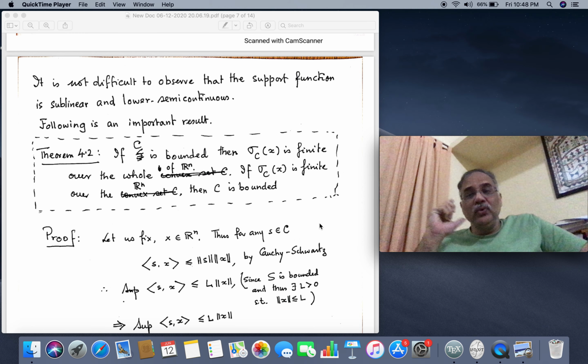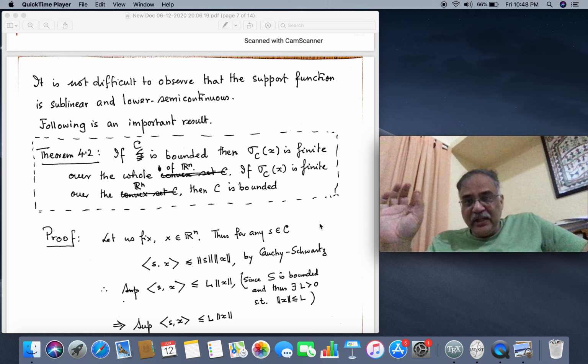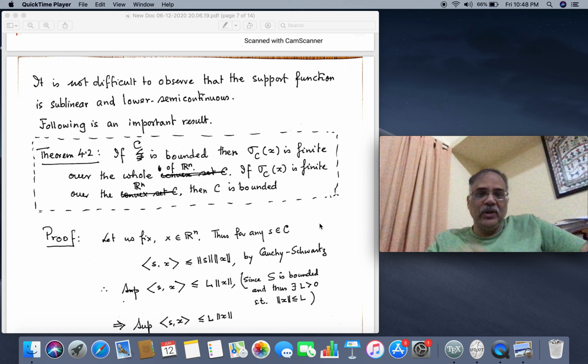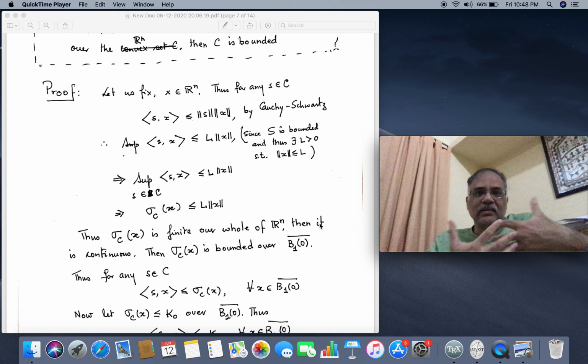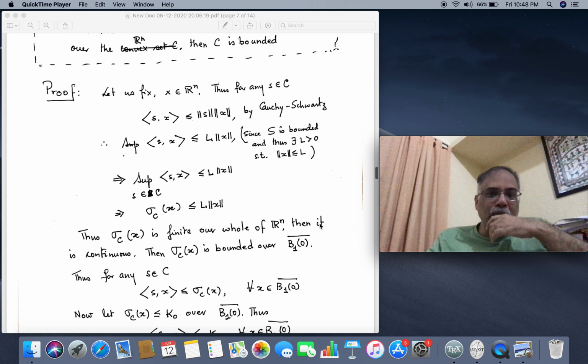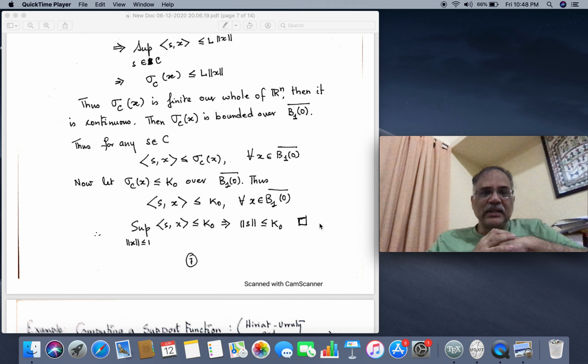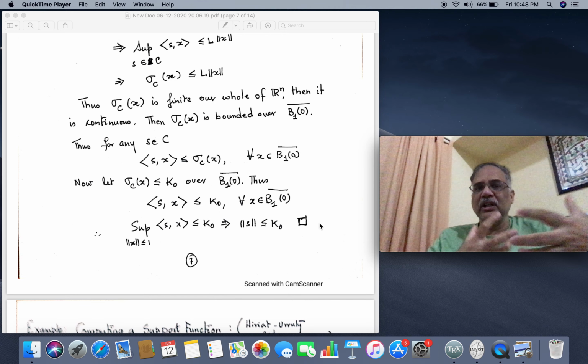One important thing to know is that if the convex set C is bounded, then sigma C is finite, and if sigma C is finite over the whole of Rn, then C must be bounded. Here is a proof, but I am not going to get into the proof details because here you might need some knowledge about functional analysis.